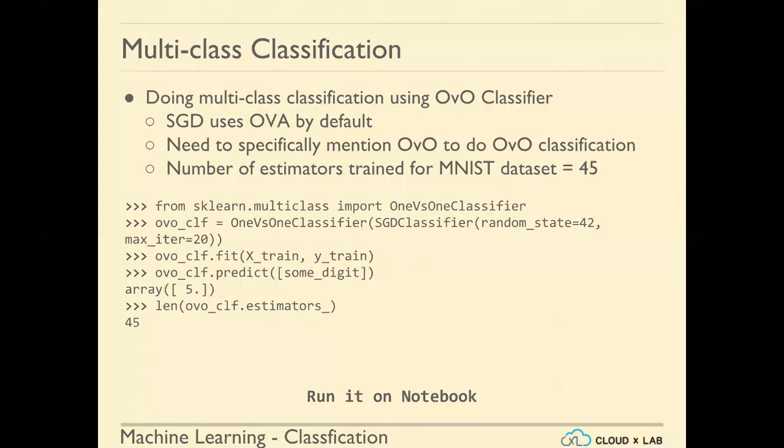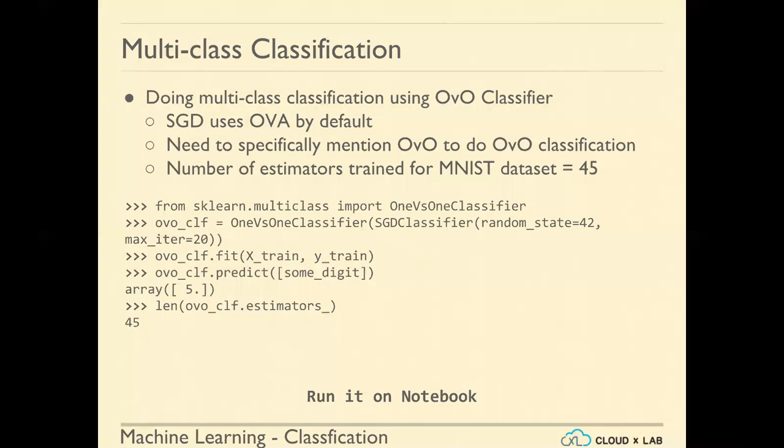A question from Gopi: how large would the data set have to be to not use OVO? On average, it is not only the data set, but also the number of labels. If the number of labels increases by even a couple, it would become impossible to use one versus one. Right now we have 10 labels.